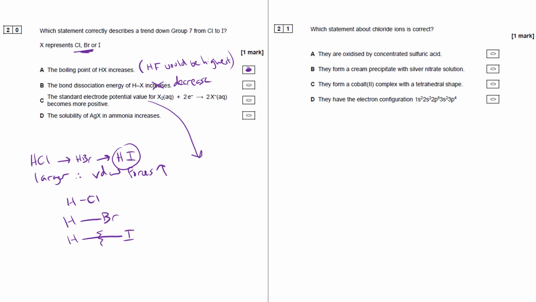Statement C is a bit of a strange one. The standard electrode potential becomes more positive. So let's just compare chlorine, so just inserting Cl instead of X with iodine.